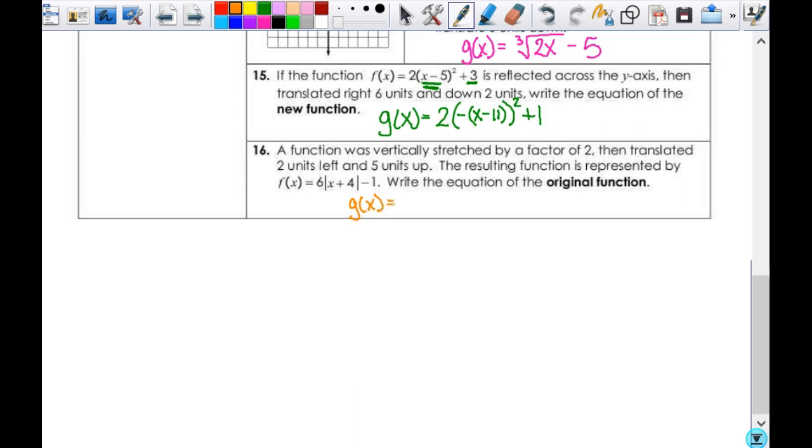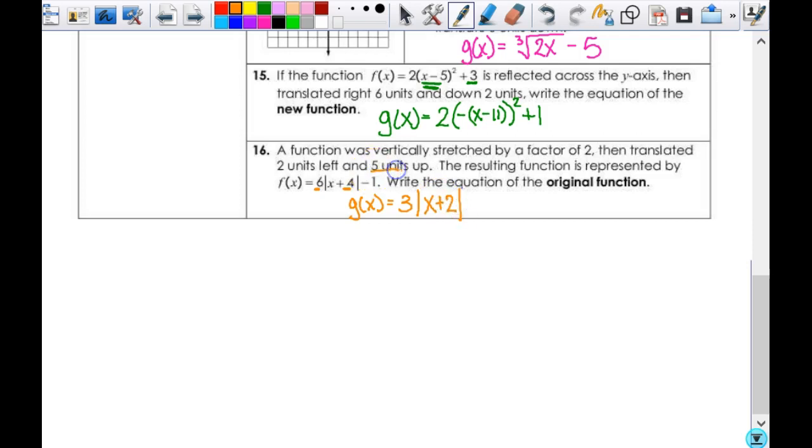Okay, so if it was vertically stretched by a factor of 2, that affects this 6, right? So if it was stretched by a factor of 2, and now it's a 6, what was it before? 3. Okay. And then translated 2 units left, so that's going to affect that right there. So if I'm at x plus 4, and I had to go 2 units left to get there, where was I before? x plus 2.